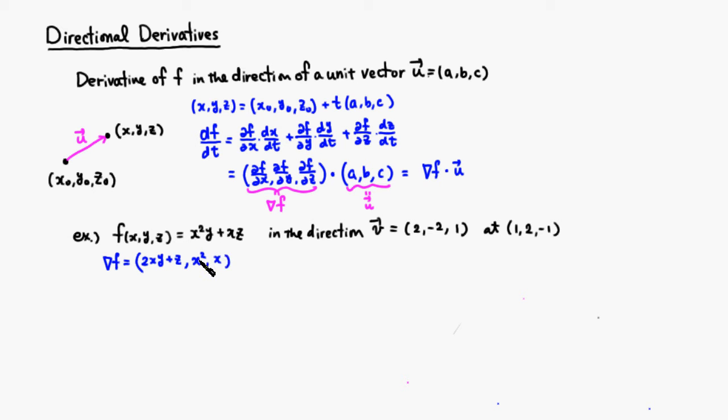And then we want to evaluate this at 1, 2, negative 1. So that will be 2 times 1 times 2, which is 4, minus 1, so that's 3. Then x squared, so 1 squared is 1, and x, so another 1. So that's the gradient there.